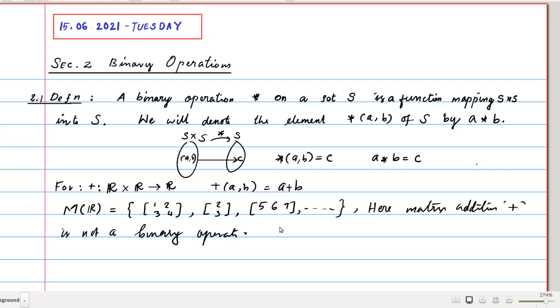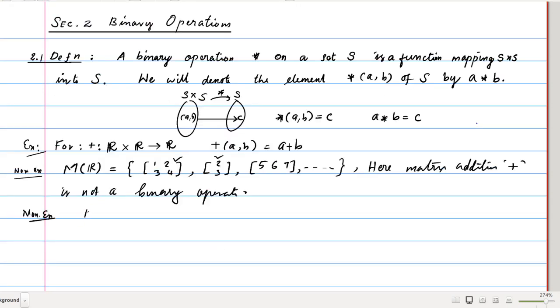So if we choose some pair from this, say A and B, then for the pair A comma B we cannot assign an element for A plus B. So matrix addition is not a binary operation on this collection. Okay, so we have seen an example of binary operation and a non-example of binary operation right now.